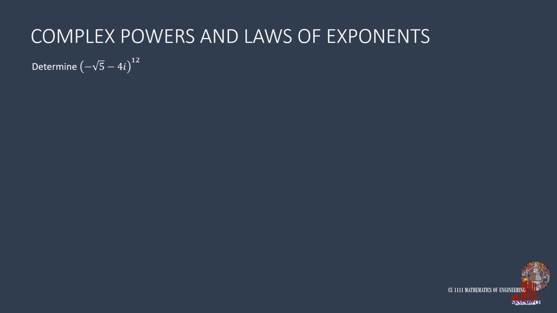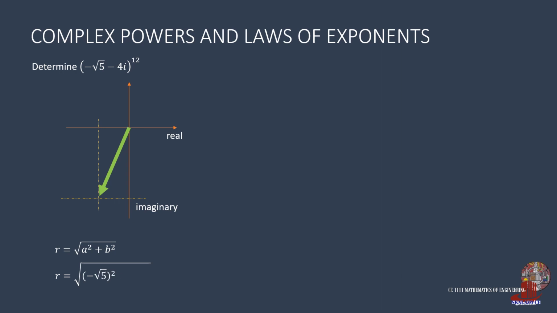The succeeding example looks for the 12th power of the complex number, negative root of 5 minus 4i. Illustrating this in the Cartesian plane, the vector lies in the third quadrant. r is then solved as the root of the square of negative root of 5 plus the square of negative 4. That would be the root of 21.